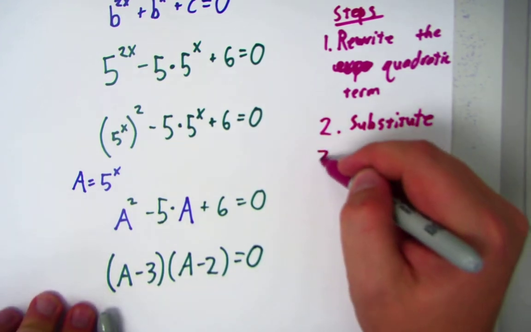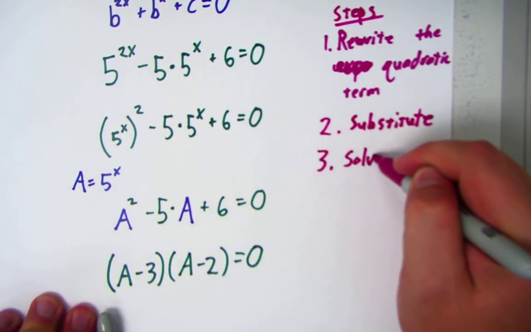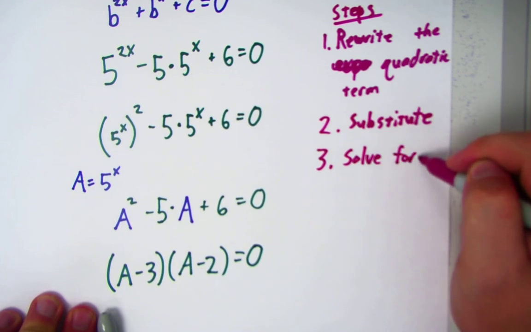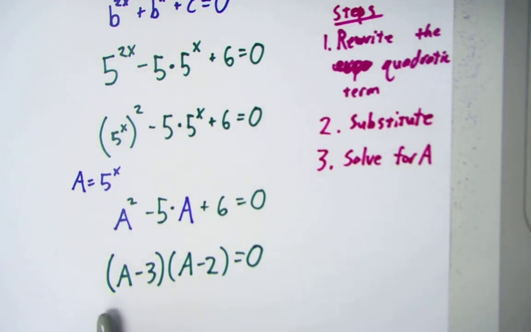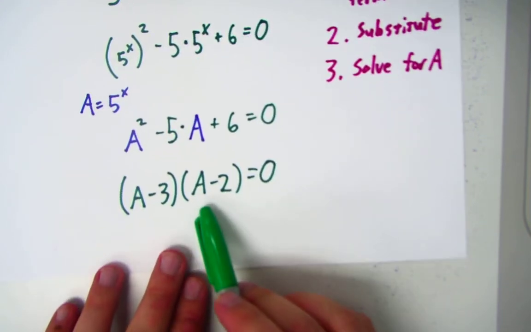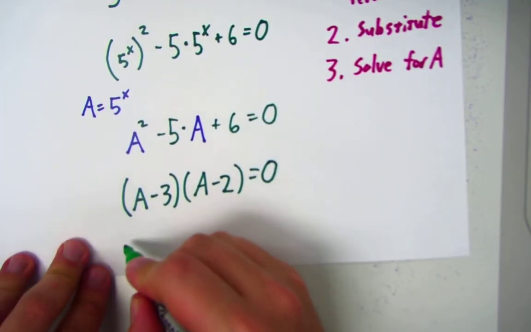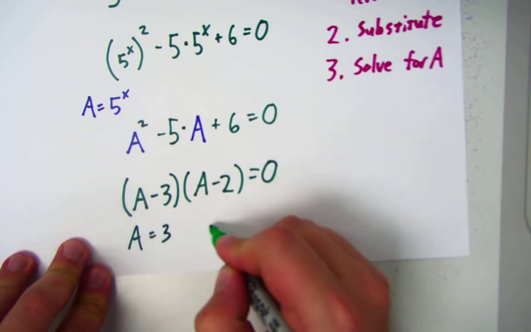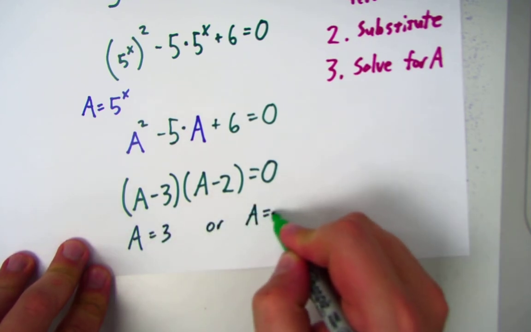The reason we factored is because we're trying to solve for a. In my class we happen to use a because we used that the first time and then just kept using it. Maybe your teacher is showing it with a u. But you solve for whatever your substituted variable is. If a minus 3 times a minus 2 is 0, then a equals 3, or a equals 2.